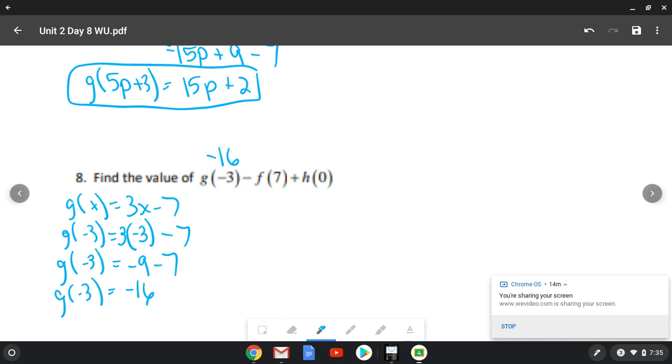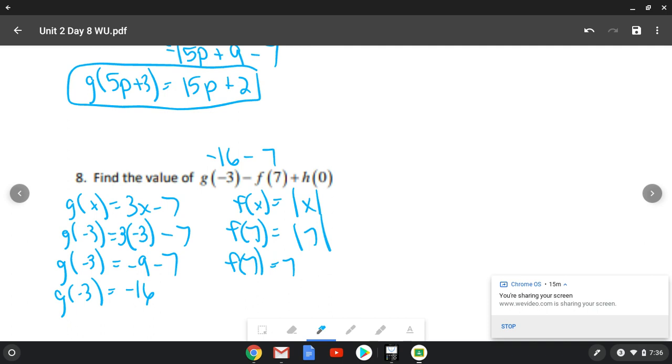And then f of 7, so f of x, if we look above, was the absolute value one. So f of 7 is the absolute value of 7. If we punch that in my calculator, I think in the end we get a positive 7 out. So that'd be minus 7 right there.